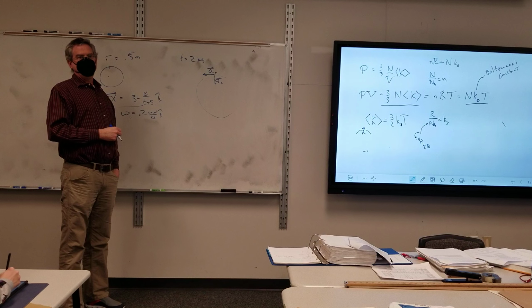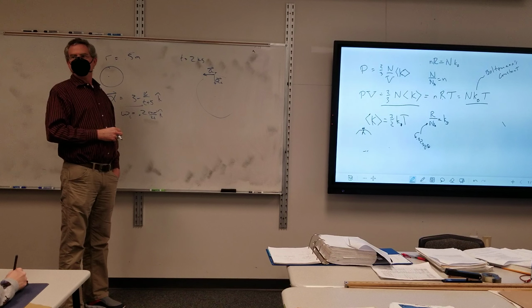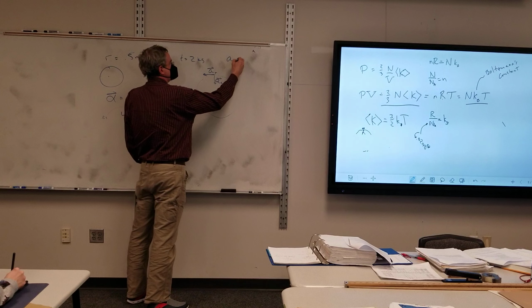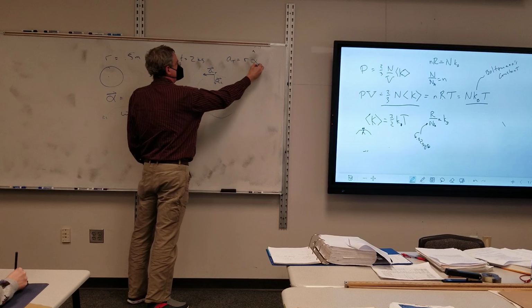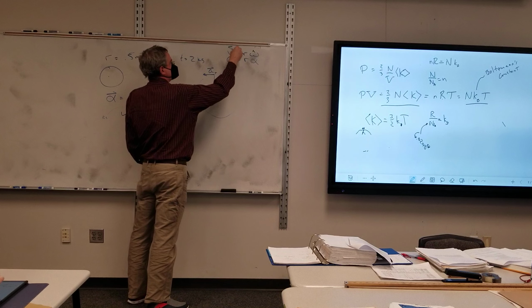Angular. There's a formula. Yeah. Tangential acceleration is angular acceleration times the radius. Yep. So tangential acceleration is just r alpha, just like v is equal to r omega, and s is equal to r theta.